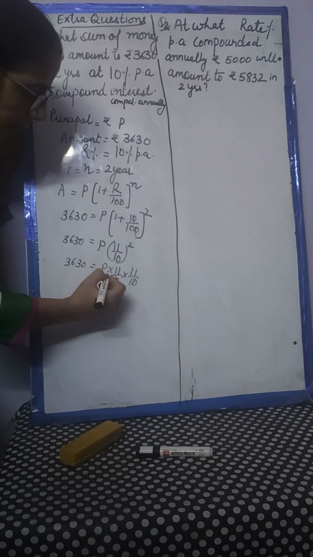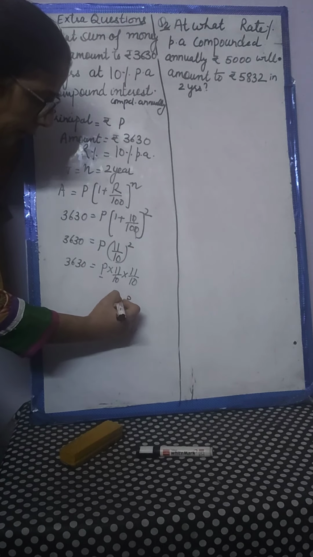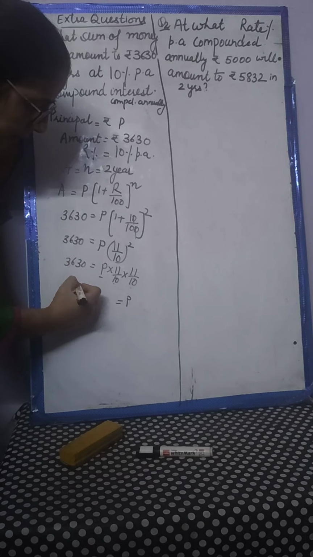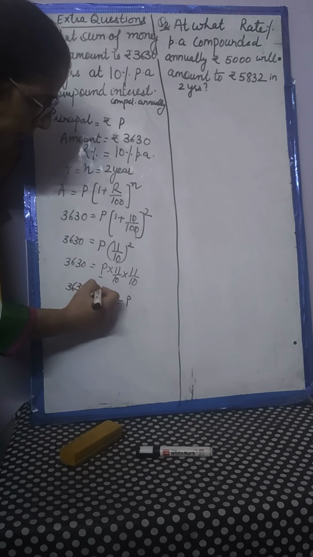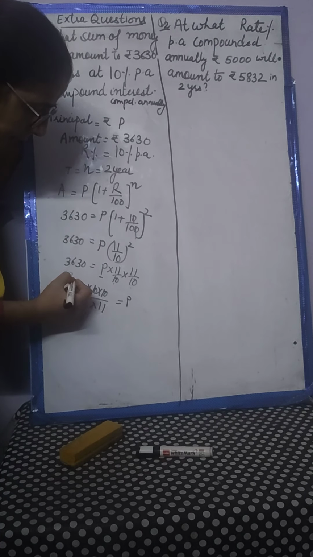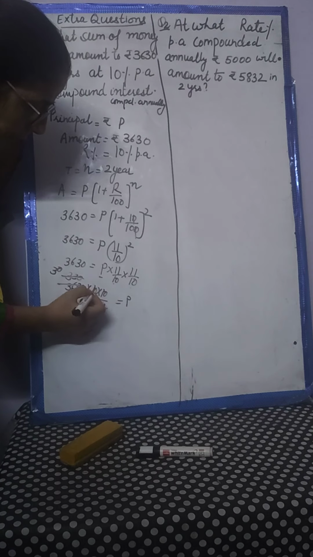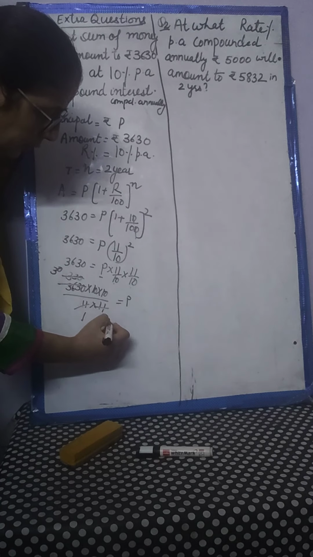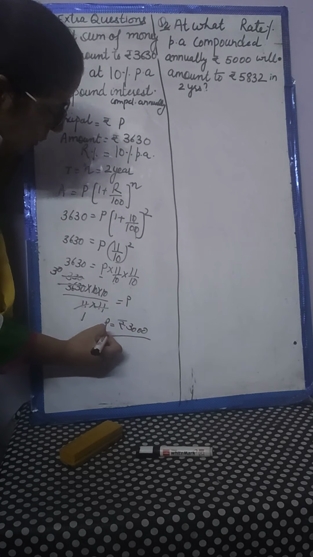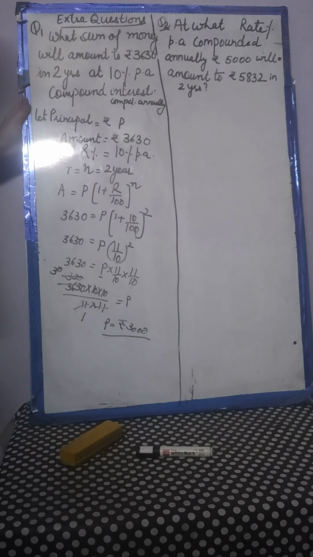I have to find P, so I'll keep P here and this 10 and this 10 will go up. 3630 into 10 into 10 upon 11 into 11. 11 3s are 33, again 11 3s are 33. So 10 into 10 into 30. So what is the principal? Principal is rupees 3000. So got it? Very easy question it is.